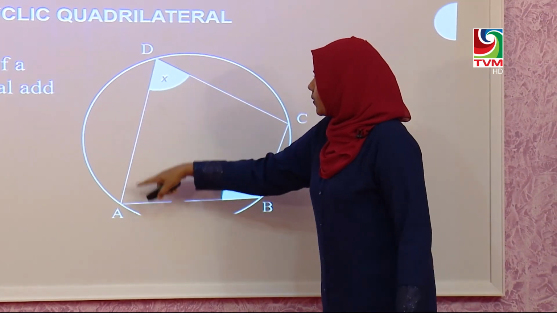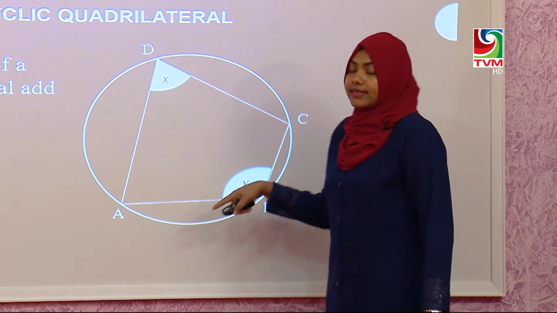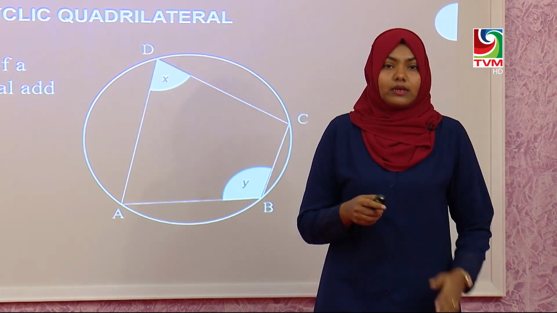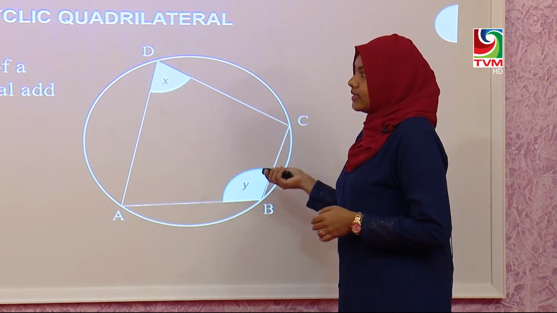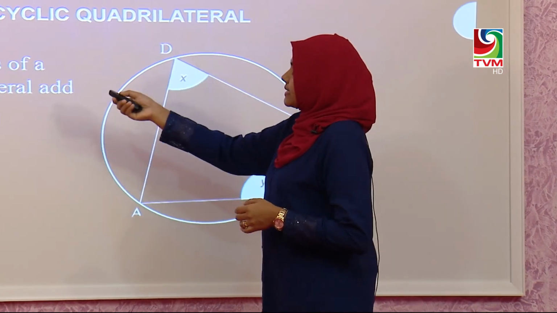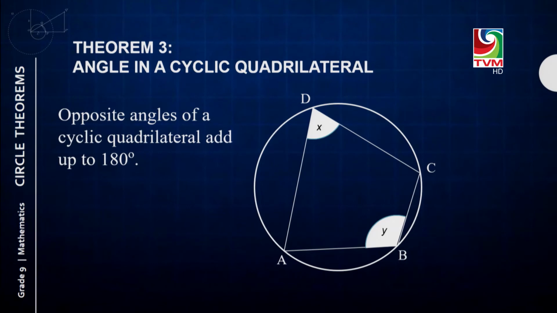Here in the diagram, all the vertices touch the circumference of the circle. That is why it is a cyclic quadrilateral, and opposite angles of a cyclic quadrilateral always add up to 180 degrees.